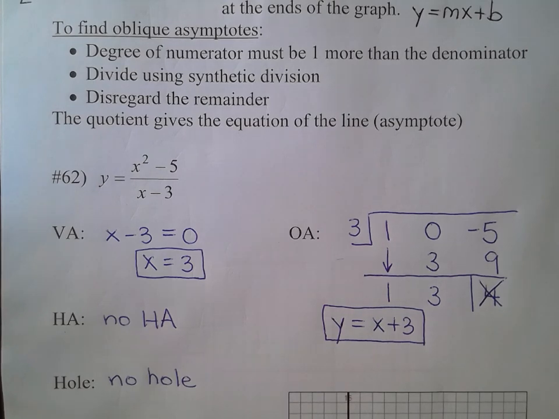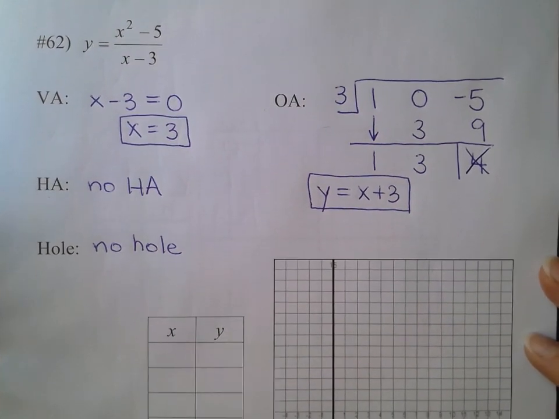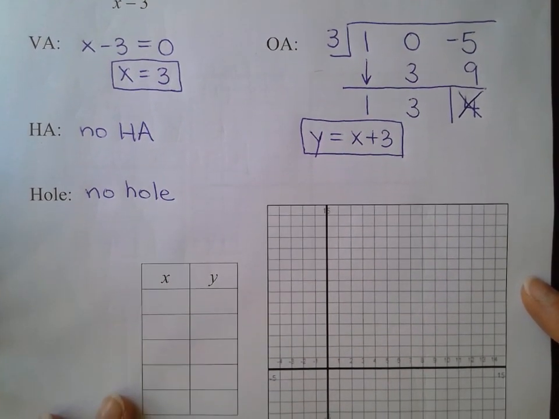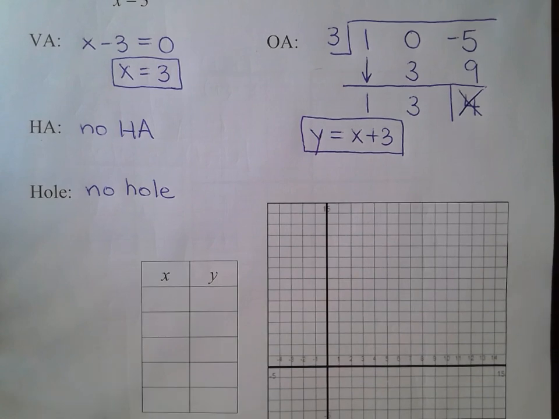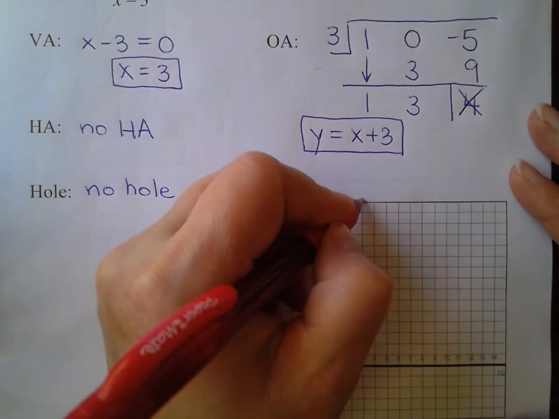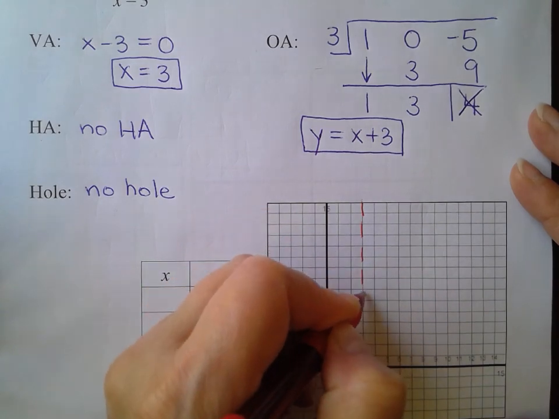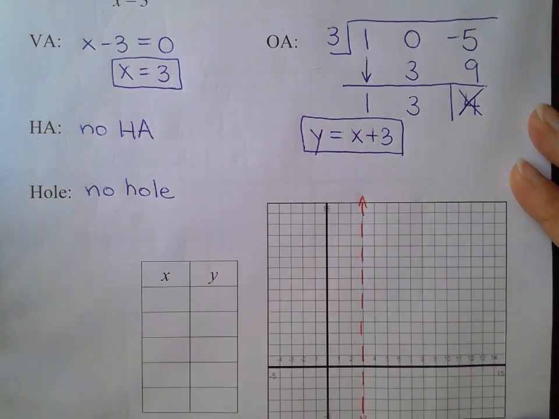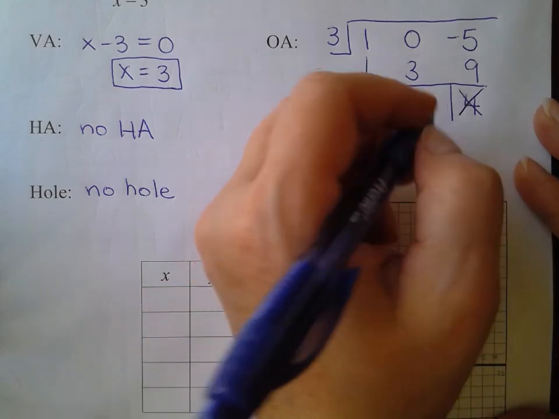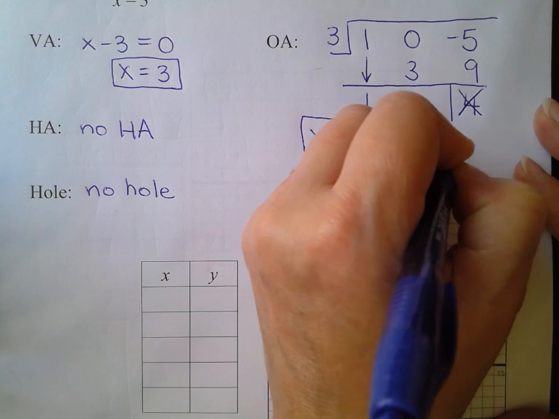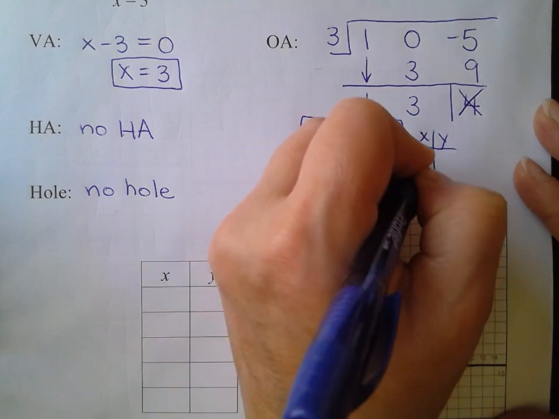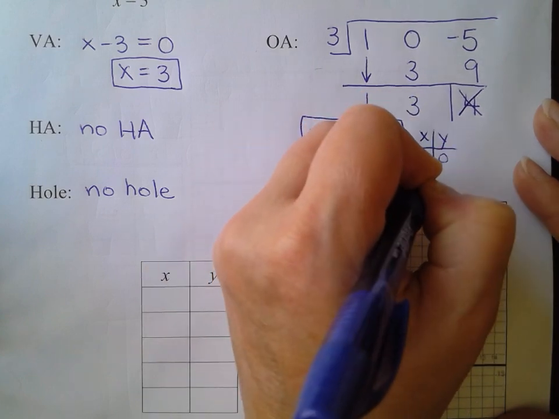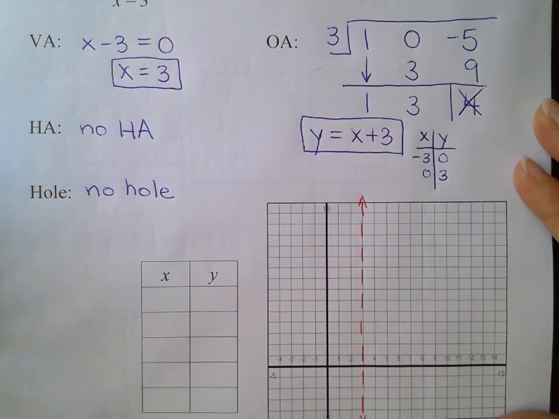Let's plot this on our graph. Let's start with the vertical asymptote at 3. Okay, and then we need to maybe come up with some points off to the side which we can use to plot this slanted line. The x and y intercepts work really good for this.